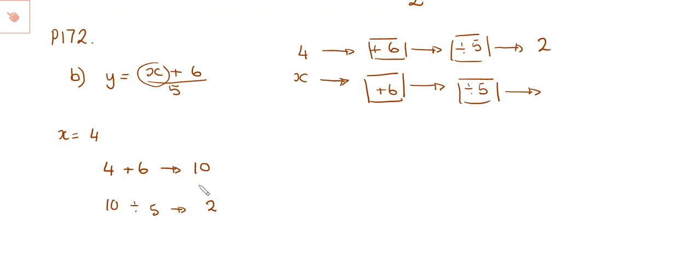It's a letter. What letter have we used? X goes in. What comes out? Y. Remember we said this yesterday: y can be found by doing x plus 6 divided by 5. So how do I find y? Well, I take x, I add 6, and divide by 5. That's what it means.